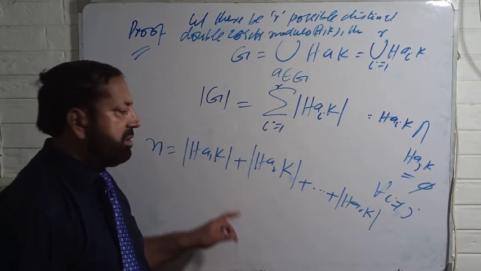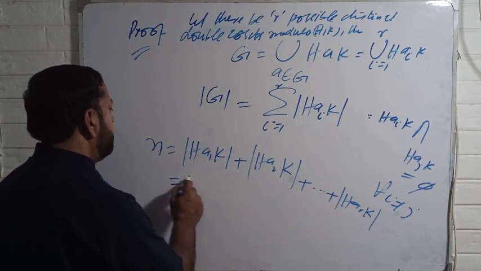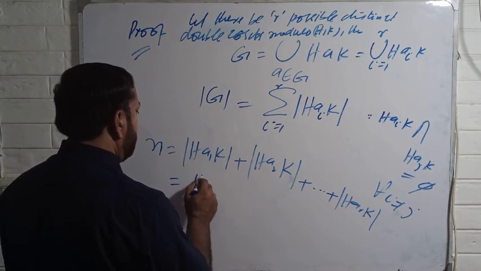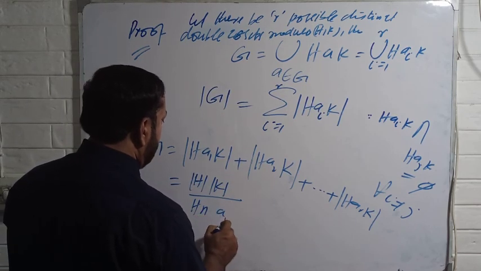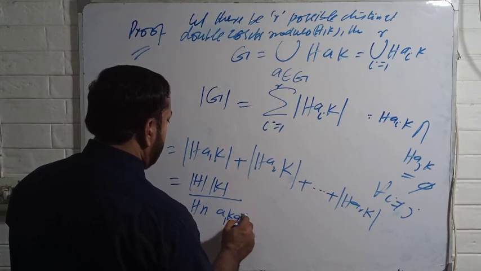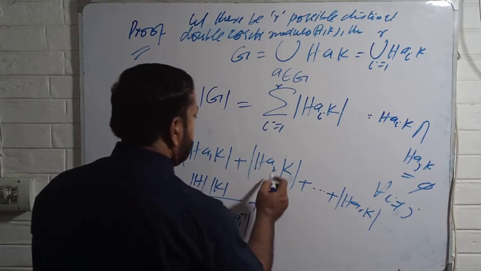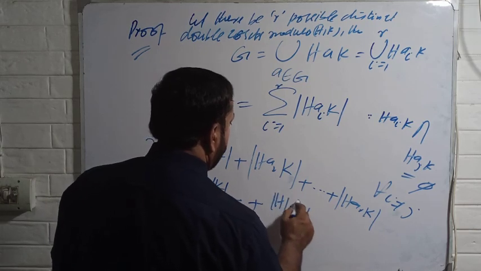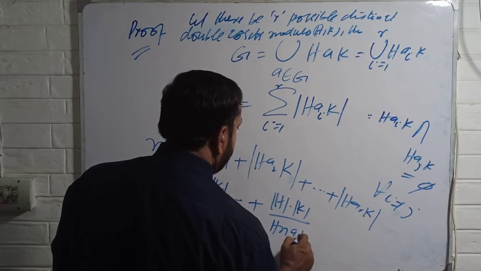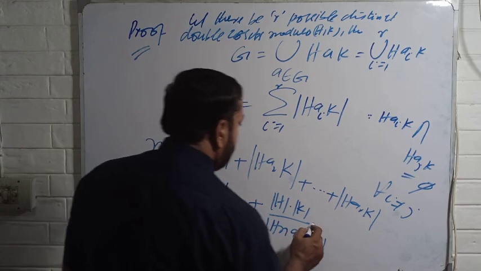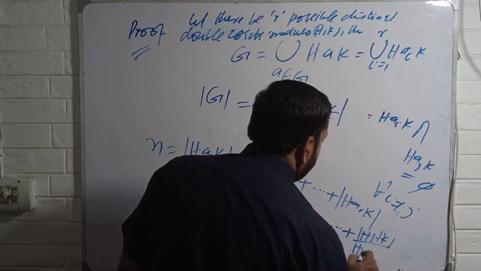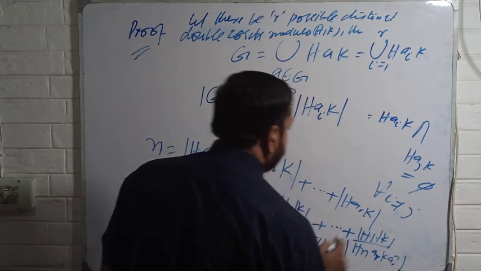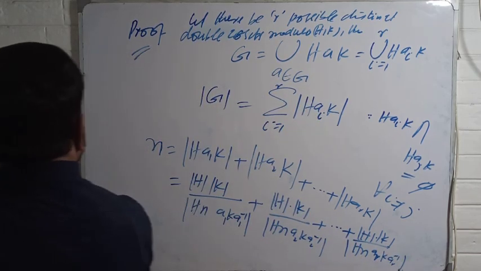And in the last theorem we have established what the order of this is. Its order is order of H into order of K by order of H intersection A1 K A1 inverse, plus order of H into order of K over order of H intersection A2 K A2 inverse, plus and so on, and lastly order of H into order of K over order of H intersection AR K AR inverse. And what is this? This is so simple.